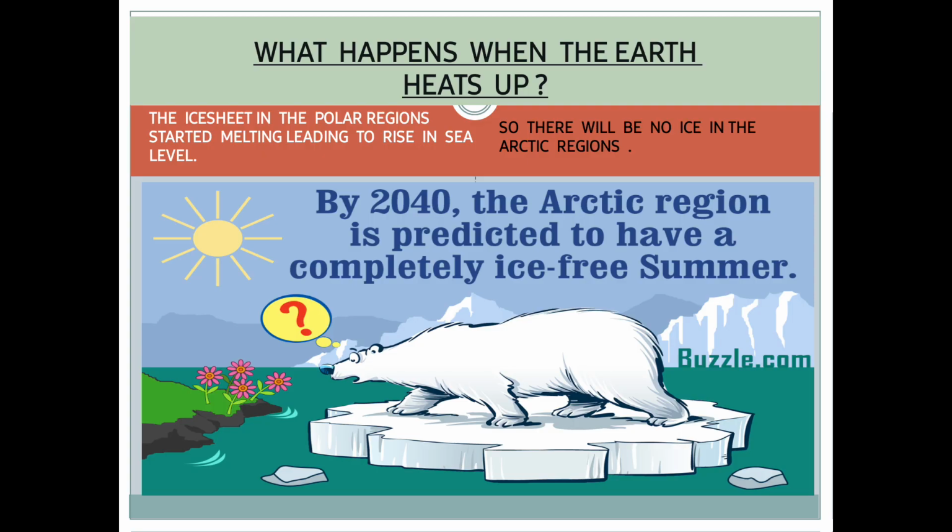So, as we can see, what is the actual thing that is happening on the earth? There will be no ice in the Arctic regions if the temperatures keep on increasing, because increased temperature leads to the melting of the ice. By 2040, the Arctic region is predicted to have a completely ice free summer.